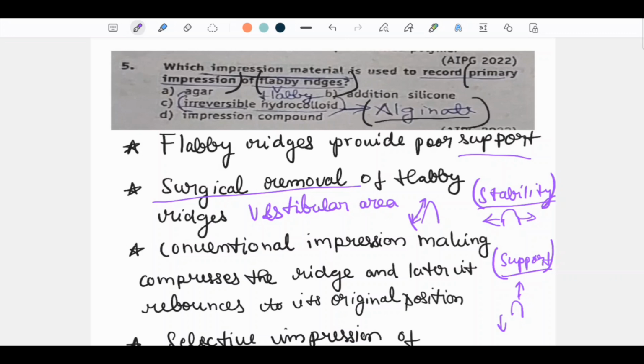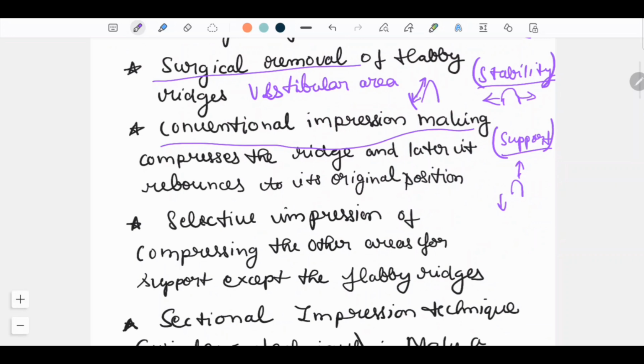But in conventional impression making, what happens is the conventional impression technique is mucocompressive. In the mucocompressive impression technique we are going to give more force in all areas, and what's going to happen is we are going to compress the flabby tissue, so it will be contracted.